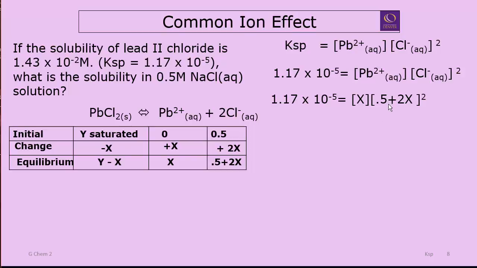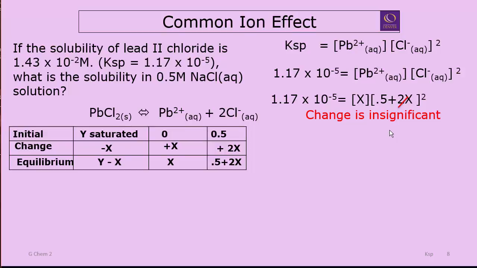But we've learned in class that sometimes the amount that something changes is insignificant depending on two things. First off, it depends on how big your Ksp is, which this is very small, and then how large your concentration is. And if you divide this concentration by this Ksp, you'll see that you basically break the 400 rule, and it's okay to use the approximation.